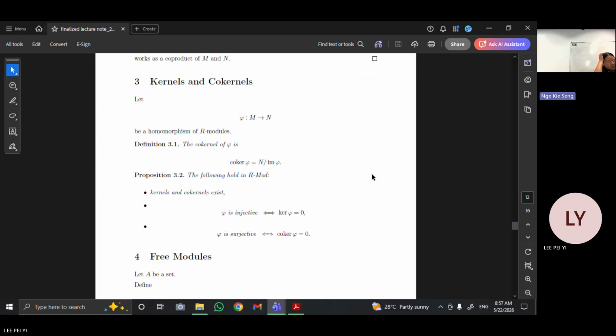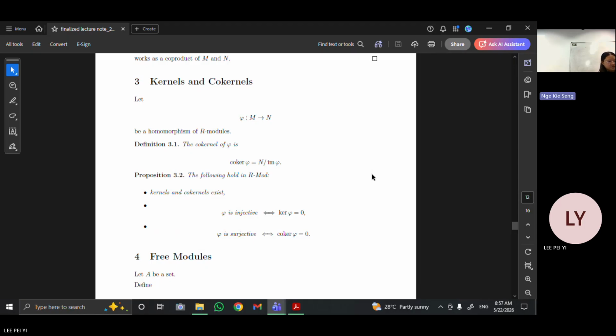So the next slide is the kernel and the cokernel. Let φ: M → N be a module homomorphism. Next is the definition: the cokernel of φ, coker φ, equals N modulo the image of φ.